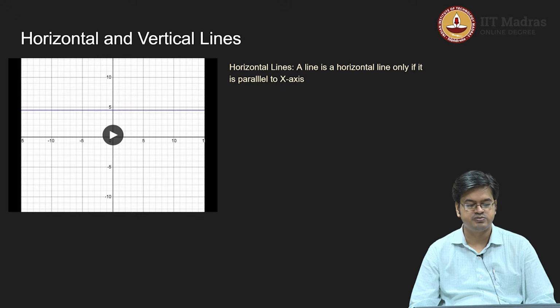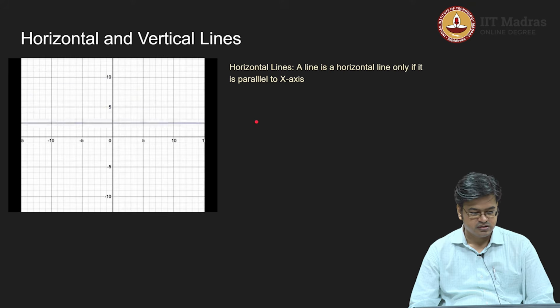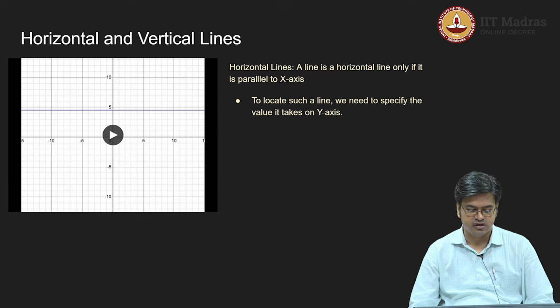Now if I want to specify this line uniquely, what do I need to know? I need to know the distance or the location of this line from the x-axis. That is, I need to know the y coordinate of this line. So I want to locate the value that it takes on the y-axis.